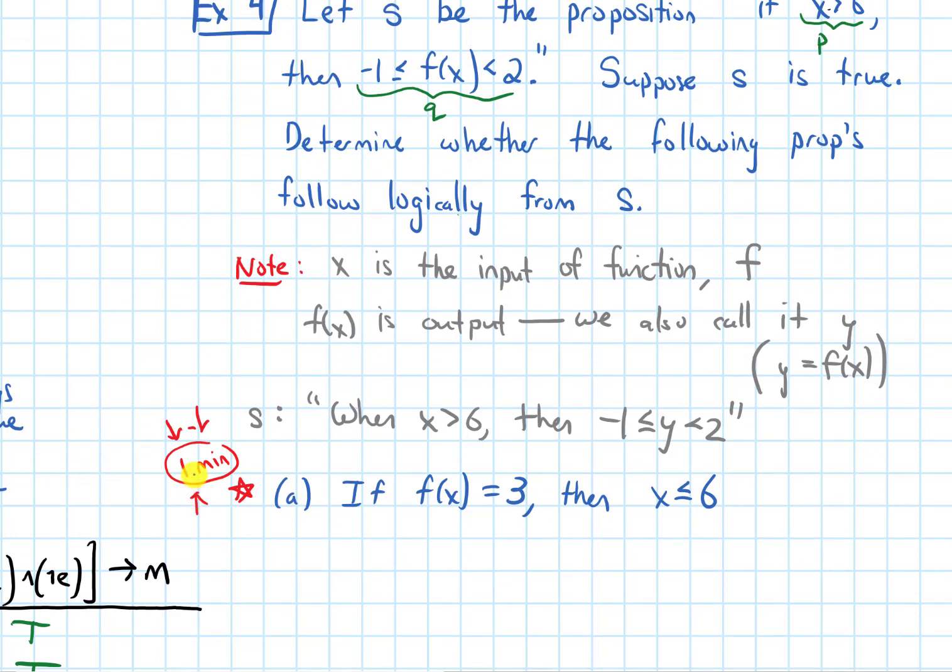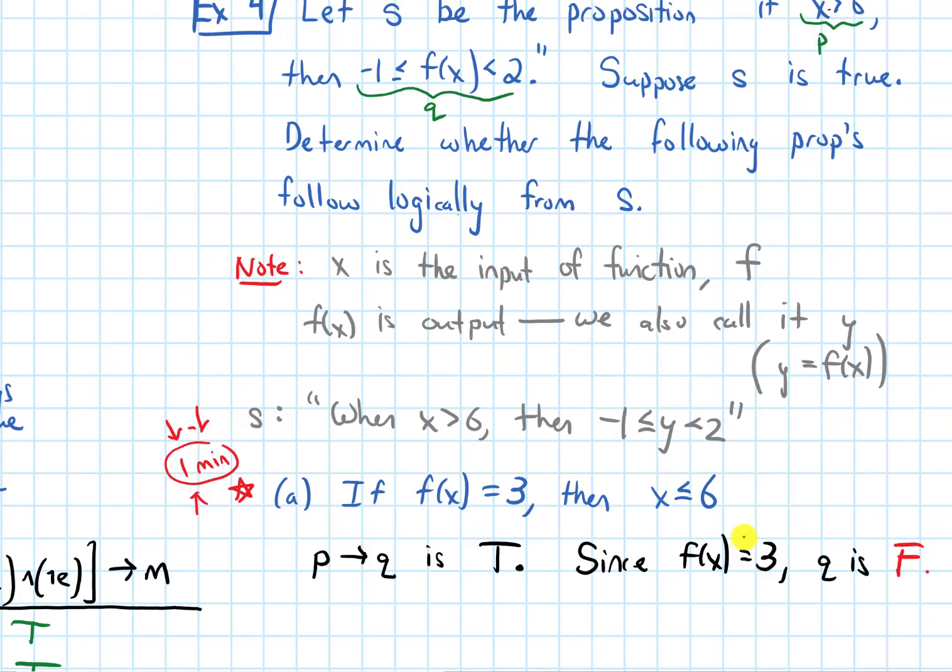So remember, the question said that S, this if-then statement, is true. So P implies Q is true. And then in part A, what we're given is the if portion: f of x equals 3. So since f of x equals 3, that means Q, which says f of x is greater than or equal to -1 and less than 2, is false.